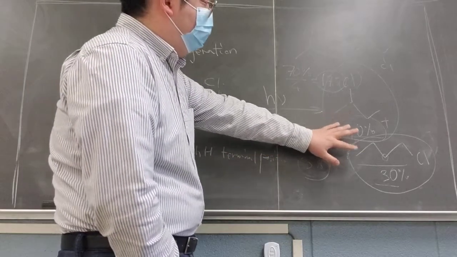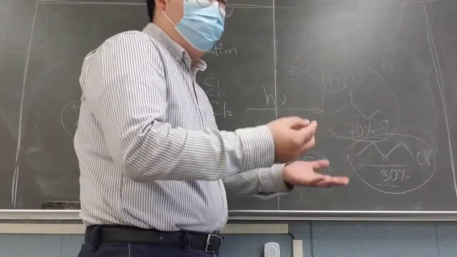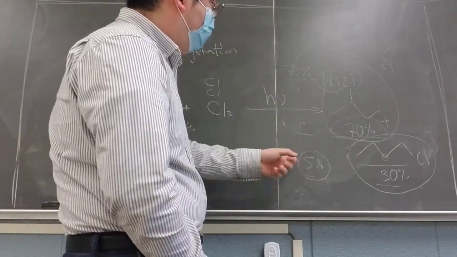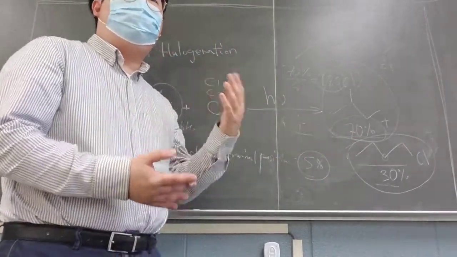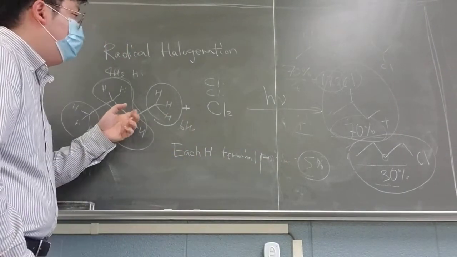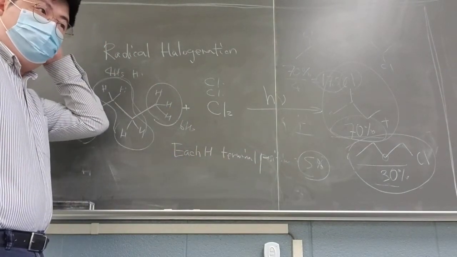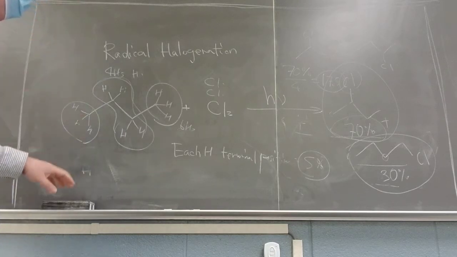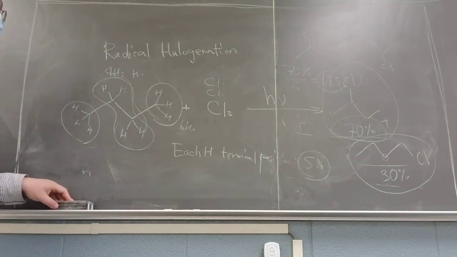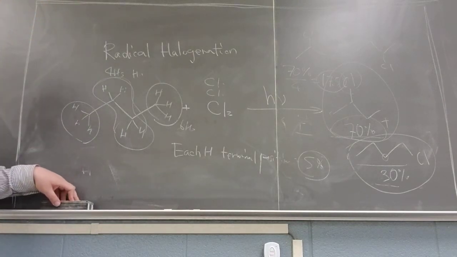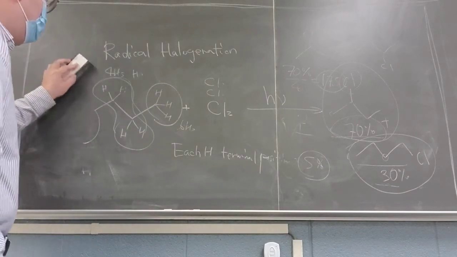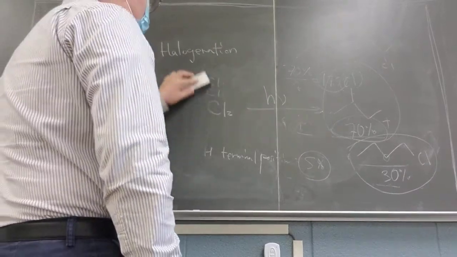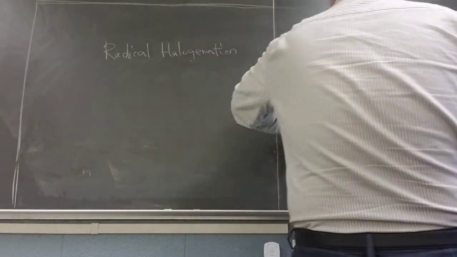If you look at just the products, they seem not so different, but even here, it's more dramatically preferred on the inner positions when they do radical halogenation. Does it make sense? Okay, I can give you one more.